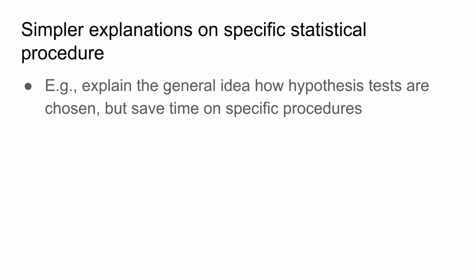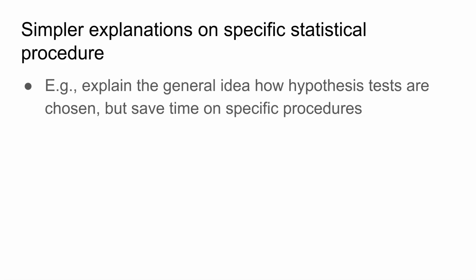And here's another example. We are spending a lot of time in stat courses to explain how an appropriate hypothesis test should be chosen, depending on the number of groups, conditions, whatever, and assumptions, and checking them, and if they are violated, what should be done, and so on. And usually we have nice tables or flow charts or whatever, and we are teaching the students how to read these and how to choose the appropriate, for example, hypothesis test in a specific software.